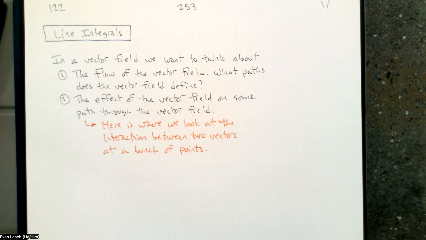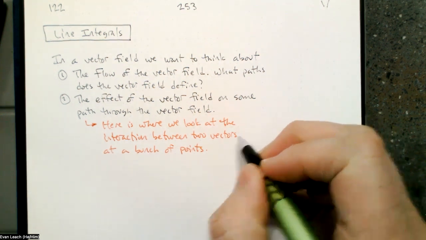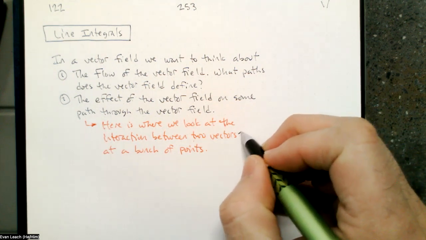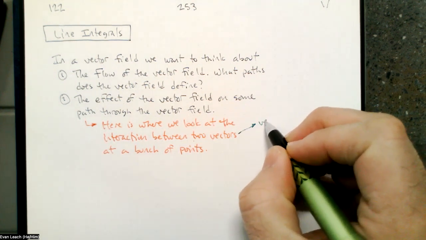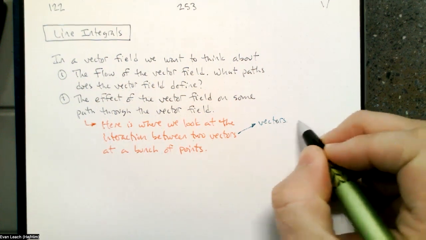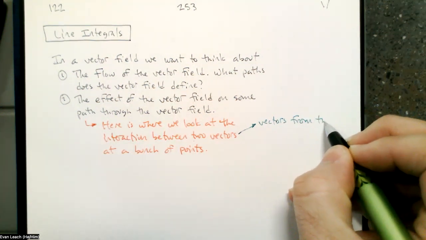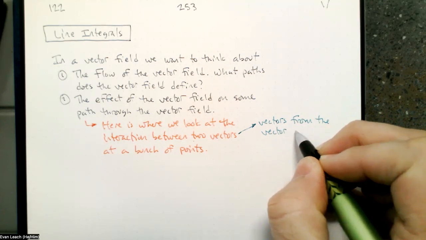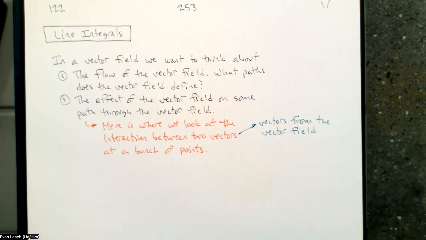Here we're going to be looking at the interaction between vectors from the vector field and vectors from the path. The two vectors are going to be vectors from the vector field and vectors from the path.